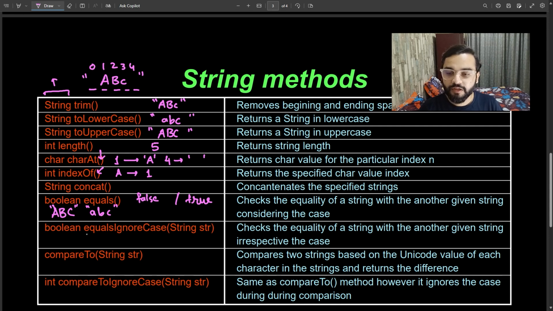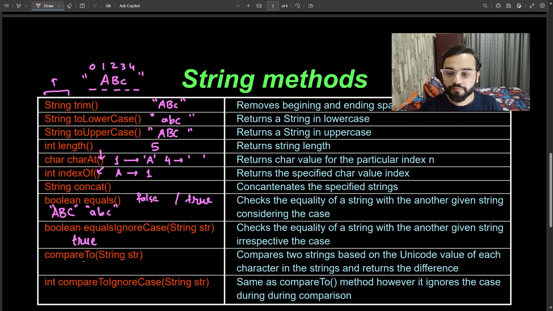This method will help us to ignore the cases that are present inside our string. So for these two values, it will give us the value as true only. Whenever we have to compare two strings and we don't want uppercase and lowercase to matter, then we have to make use of equals ignore case.